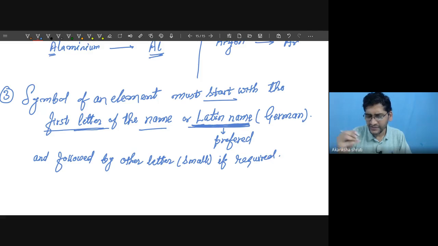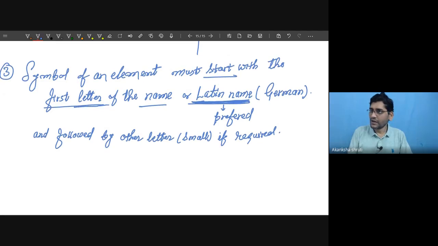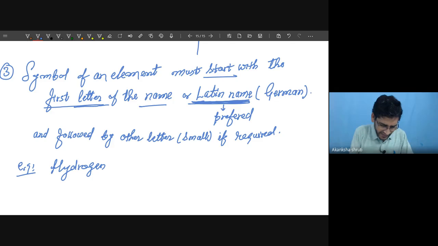It is required when more than one element starts with the same alphabet. For example, hydrogen and helium.